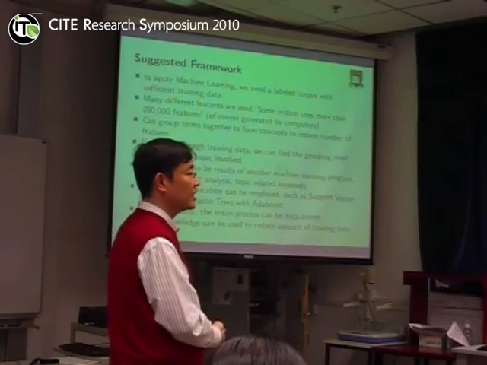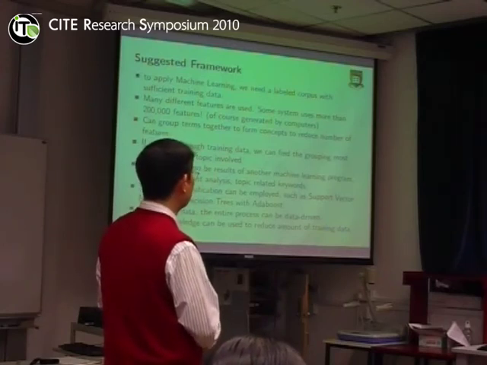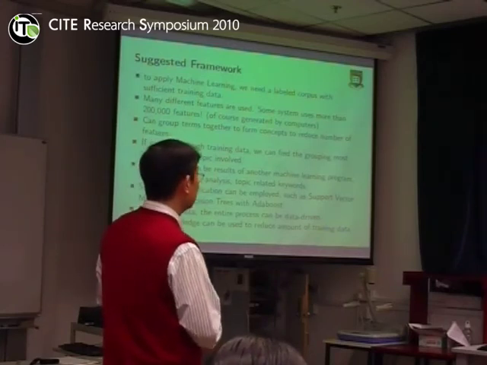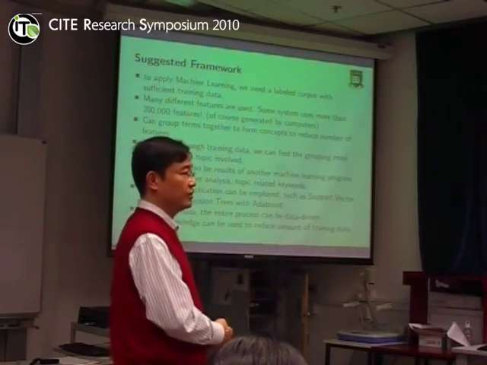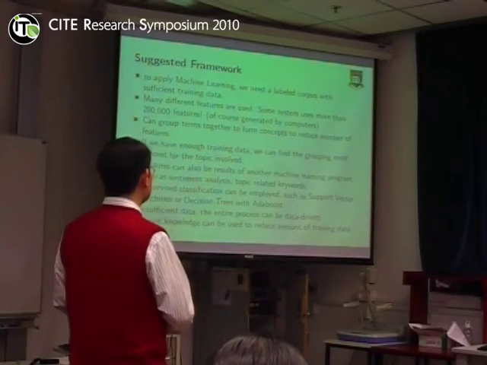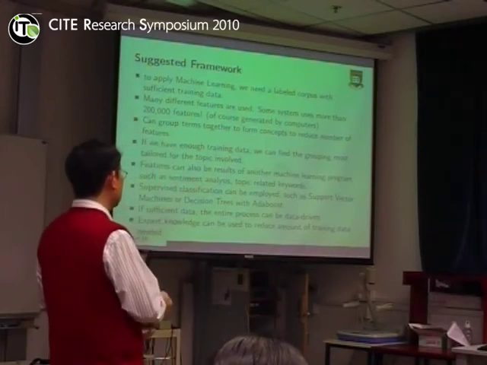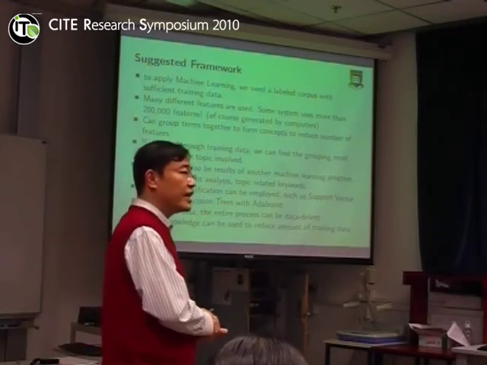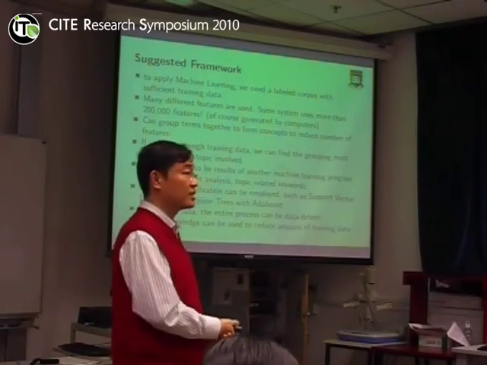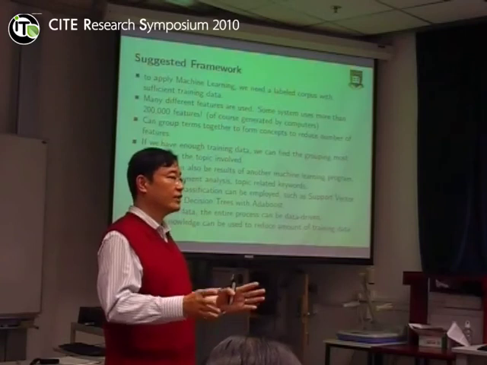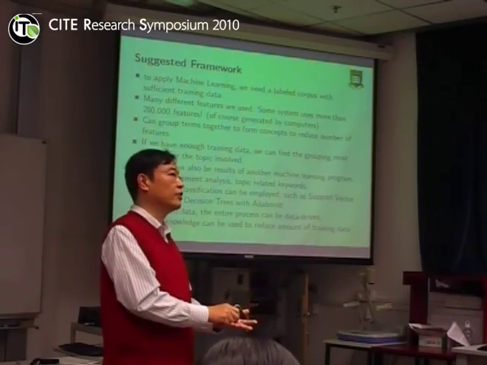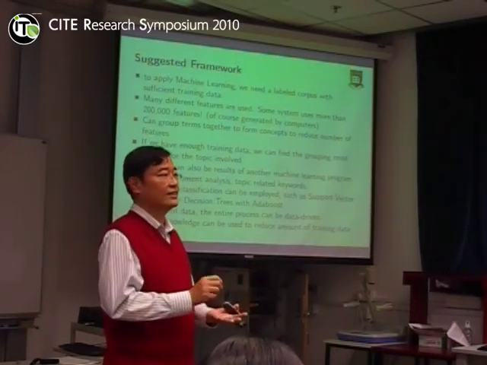There are many techniques in supervised classification. The most common ones nowadays are support vector machines or decision trees with AdaBoost. Those are the common techniques that are used. If there is sufficient data, then the entire process can be data-driven. We do not need to worry whether a feature is useful or not, because at the beginning, no one can tell.